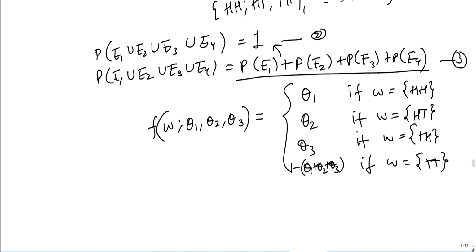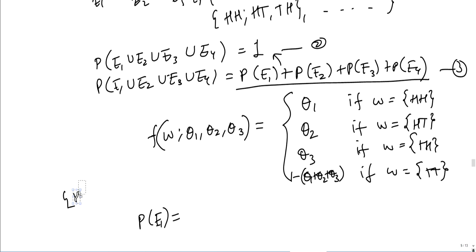Of course, it would satisfy this particular constraint that the summation of probabilities of elementary events is equal to 1. That is fine, because if you sum them up... So if you calculate probability of E1, what is event E1? This HH. Let me just rewrite it here. E1 is basically probability of HH.